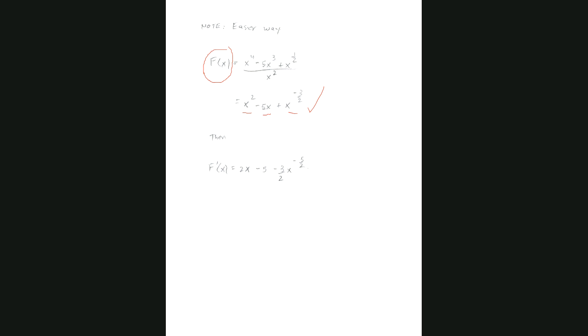And then when you take the derivative of big F of x, you'll get 2x minus 5 minus 3/2 times x to the negative 5/2. So it took a few less steps. Well, and it is much better, Lynn. So when you're doing your homework, sometimes they'll give you rational functions where you can do stuff like that. But of course, it won't happen all the time, right?